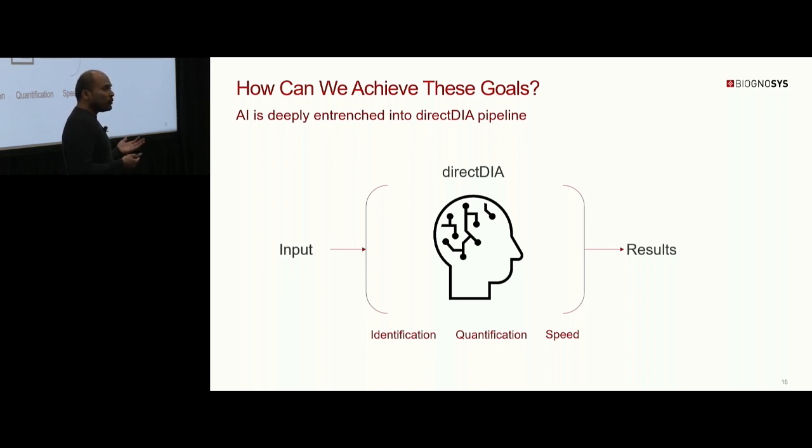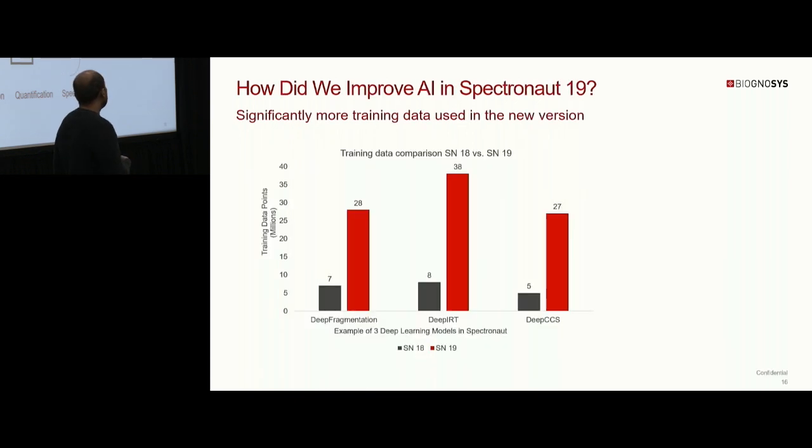So we wanted to improve our deep learning models. And how did we do this? Here is an example of 3 deep learning models that we have in our pipeline. And as you can see, we have a lot more training data.